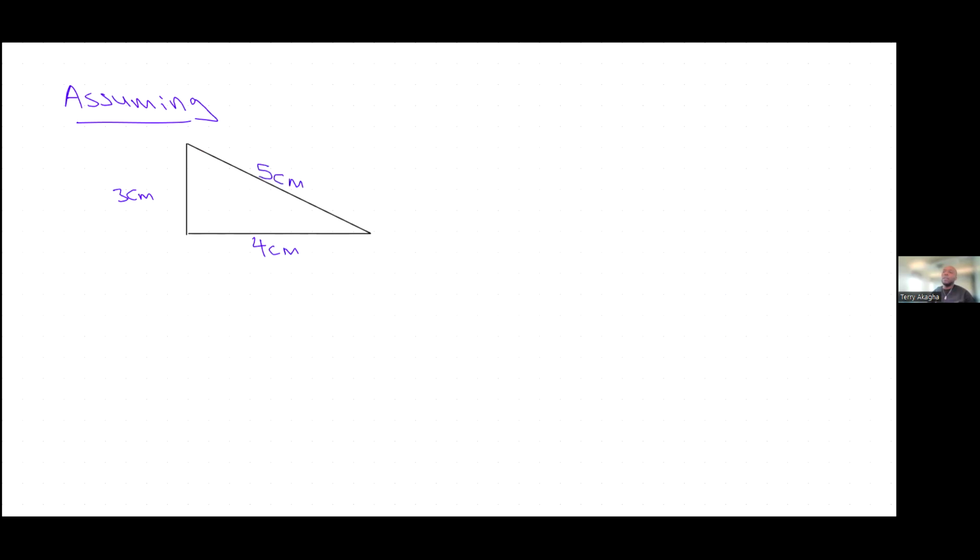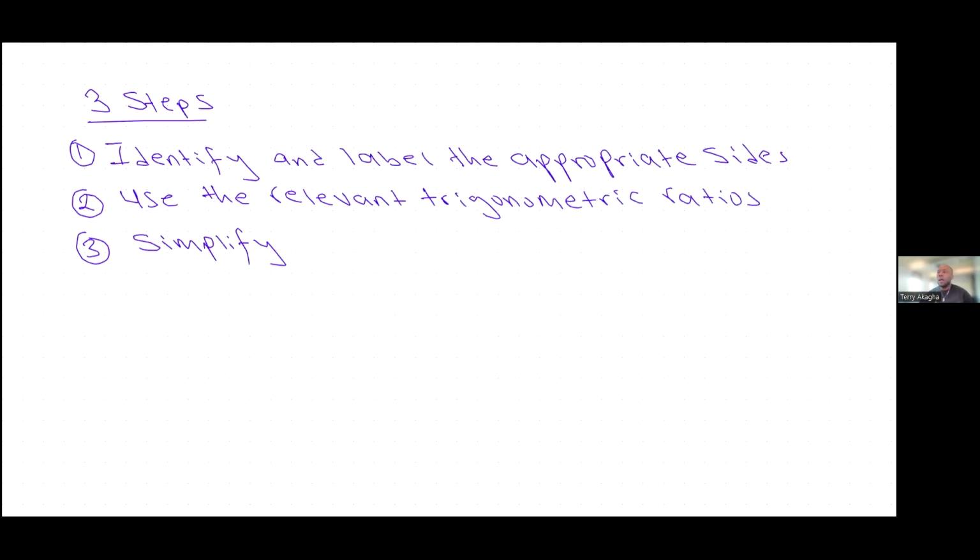And in this triangle we have the theta here. And definitely this is a right angle triangle. Good. Now, I'm going to use this triangle to explain all the concepts. So step one, we need to identify and label appropriately.